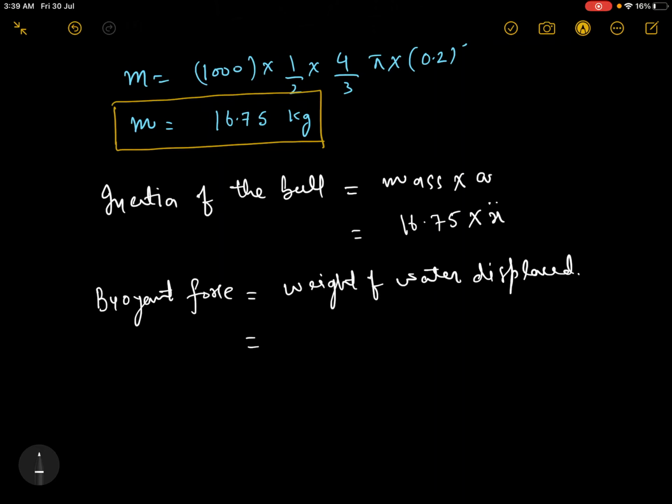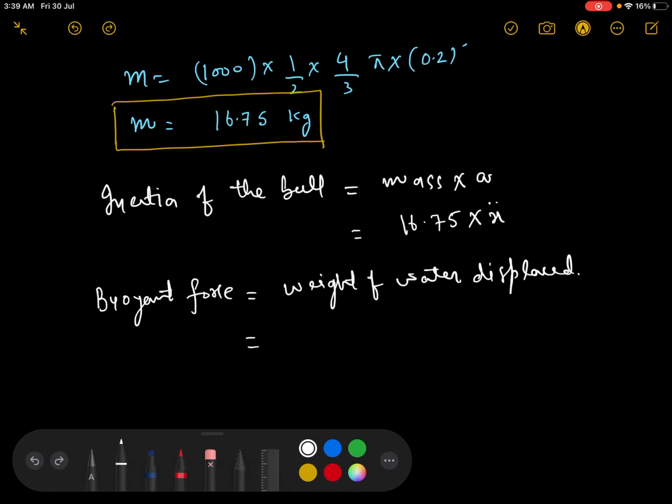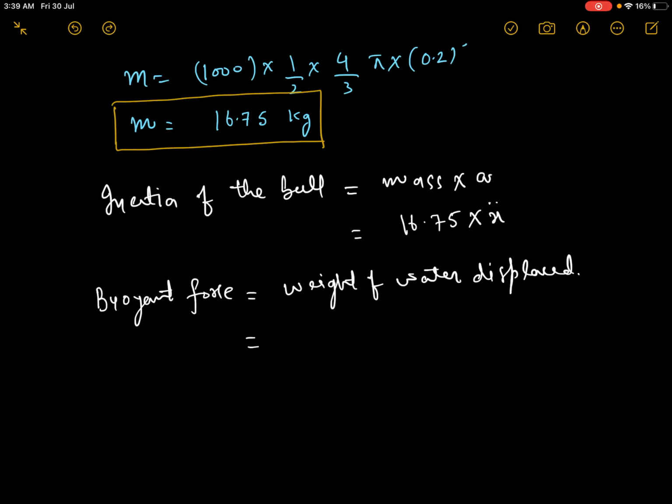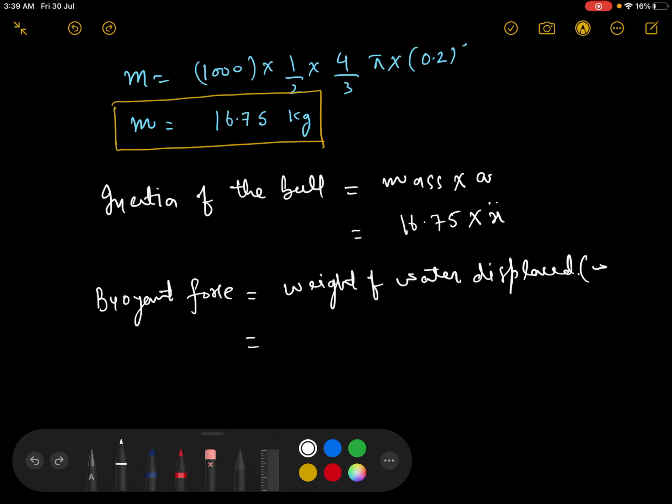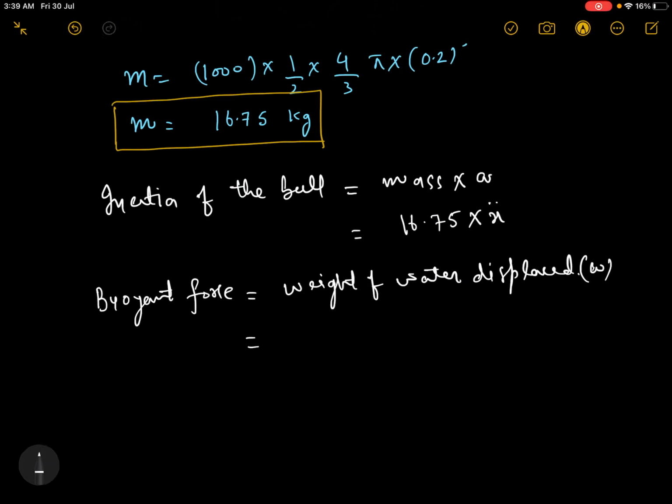Let us say that the weight of the water displaced is W. So W will be equal to the volume of water displaced multiplied by the density of water into the acceleration due to gravity.